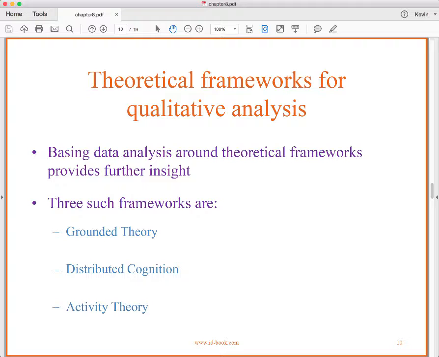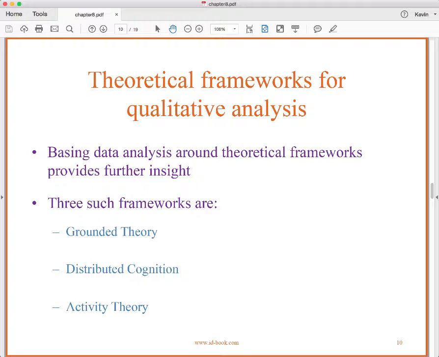So in addition to tools in this qualitative area, one needs some theory, some framework. Why do we need some theory or some framework? Well, we need something that has some rigor in between the data and our conclusions.